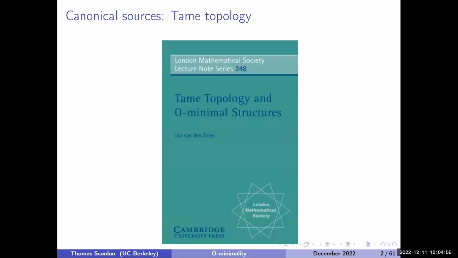Right, so there are a number of canonical sources in the subject that many of you may have already looked at, and I recommend sources that you should continue reading. The book by Van den Dries, published in 1986, is really intended as an introduction to O-minimality for use by people who may or may not be interested in the aspects of the logic.